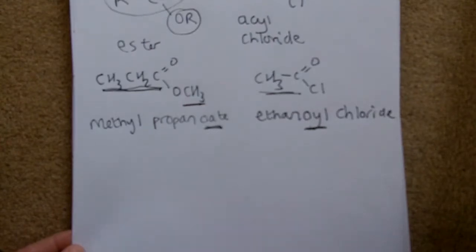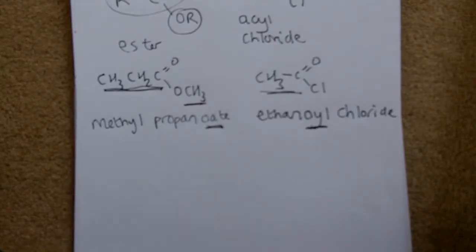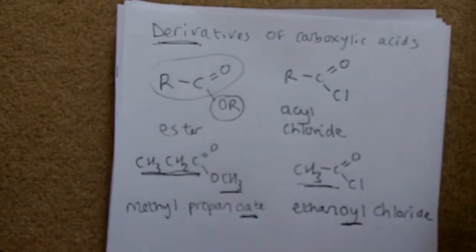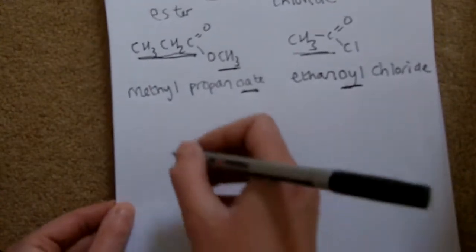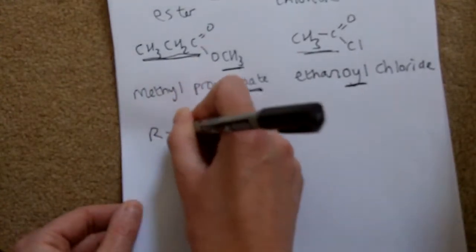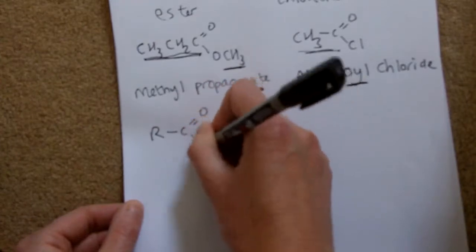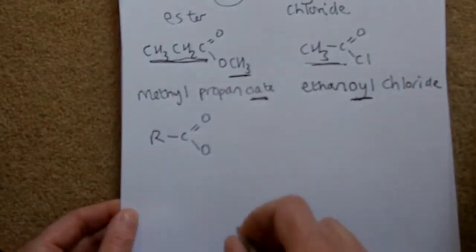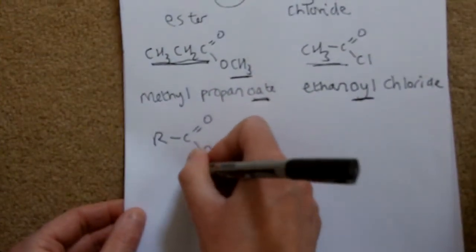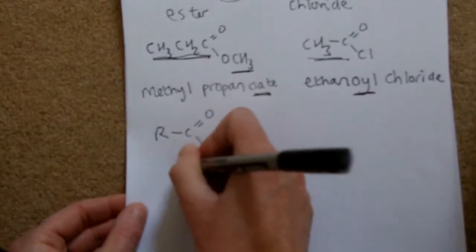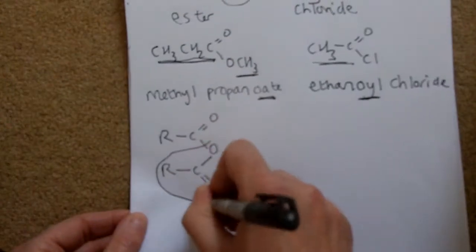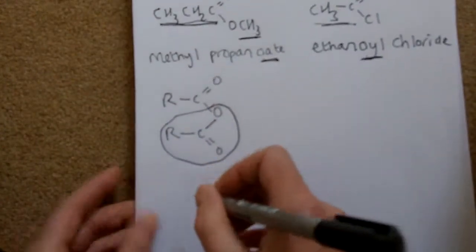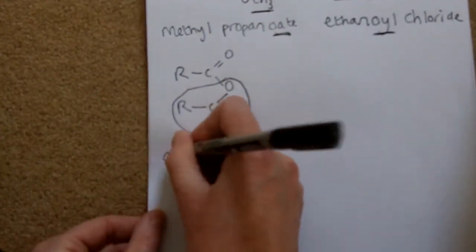The other derivatives, so that's ester, acyl chloride, they've all come from carboxylic acids. The other common one is an acid anhydride. Again, you have that same bit, and this time you have another, and R is just a carbon chain, so you've got this extra part here, and this is called an acid anhydride.